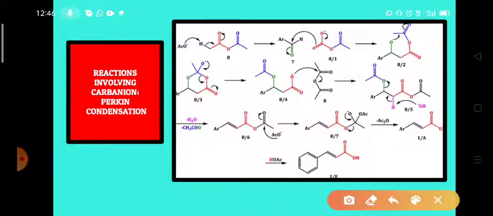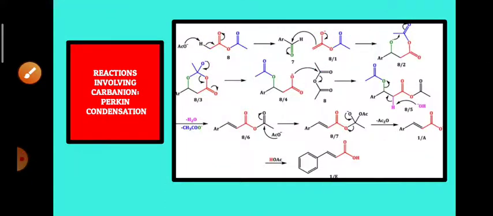Directly formation of the carbanion is not shown here, but look here, this hydrogen will be abstracted due to this base. As a result, we get the carbanion here, and it undergoes resonance. As a result, we get this enolate ion. This is due to the formation of the carbanion only, but actually we have to show that one. So in the Perkin reaction also we will get the carbanions.